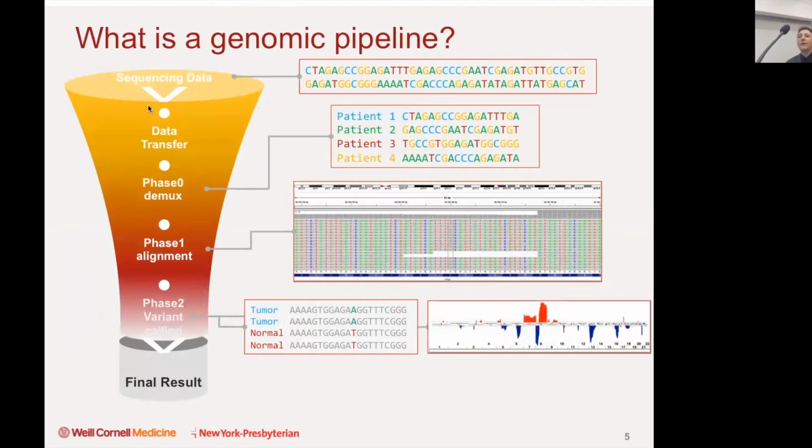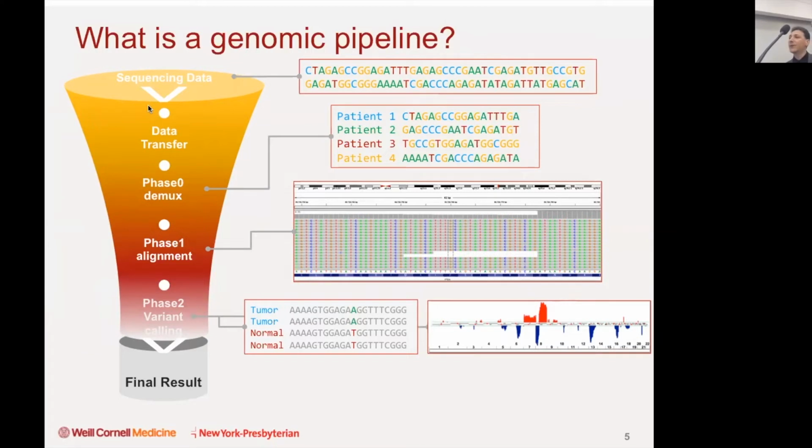Typically, these alterations are detected, and there are many different ways to detect them, but in this case we are using genomic pipelines that analyze sequencing data. Here's a very brief schematic of what a genomic pipeline does. After you extract your DNA from your sample, a machine will translate this biological sample into a series of letters.